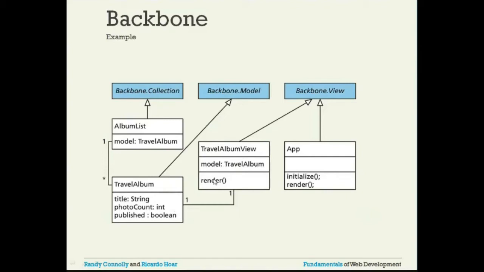And you can see this is the view, TravelAlbumView, which extends Backbone.View. How can we create the view? By extending Backbone.View. There is a one-to-one relation between the model and the view. Inside the view, you have the model TravelAlbum, and there is a render method. And this is the application where you see all the views.